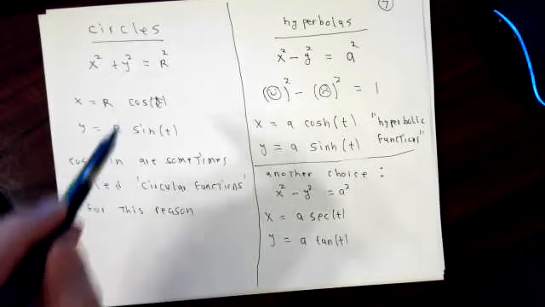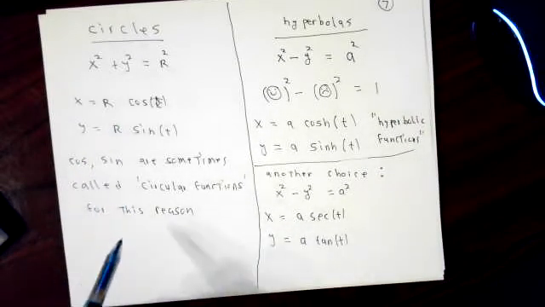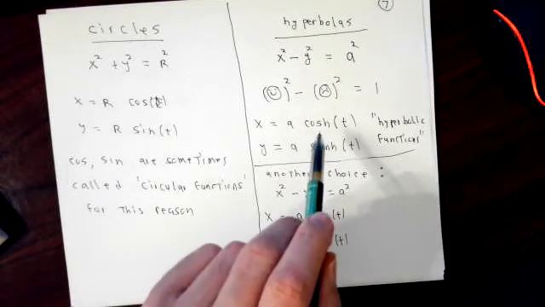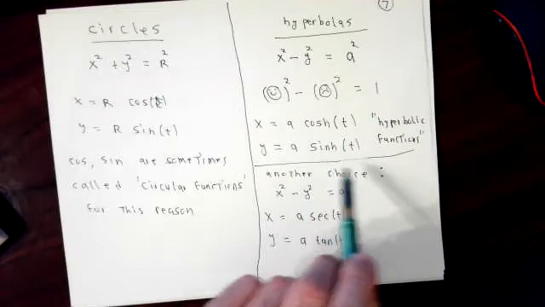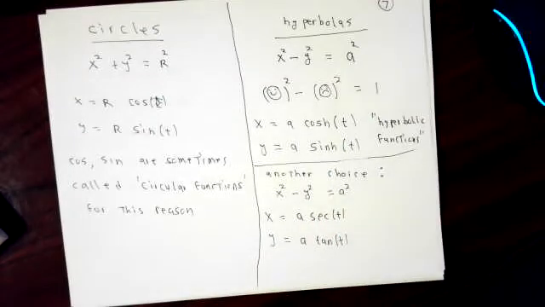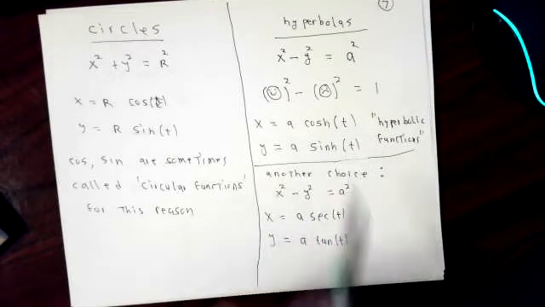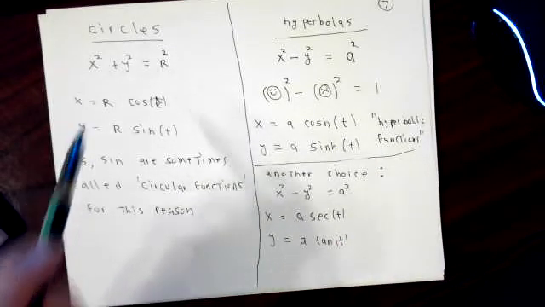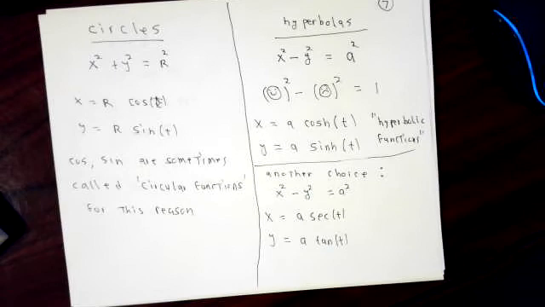So sine and cosine are the circular functions, and hyperbolic cosine and hyperbolic sine are the hyperbolic functions. That's why we call these functions hyperbolic. That's the H on the end. They are to the circular functions as circles are to hyperbolas.